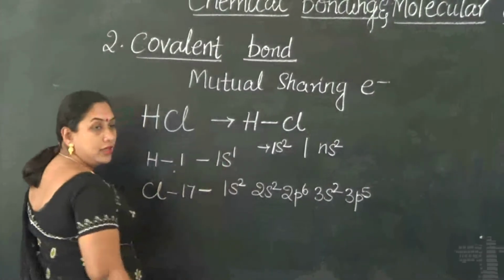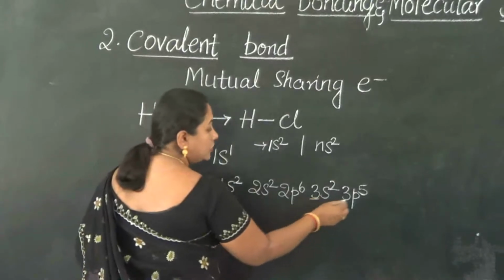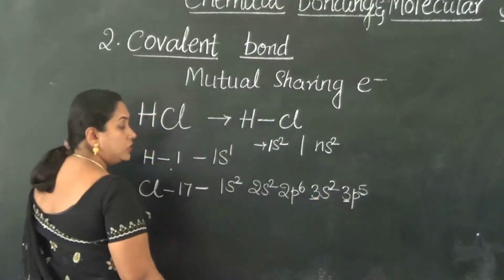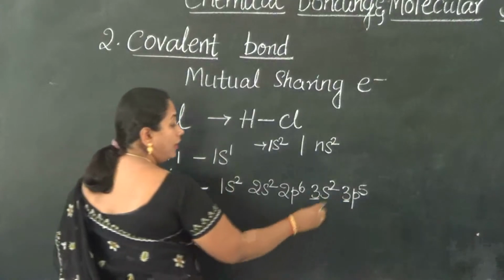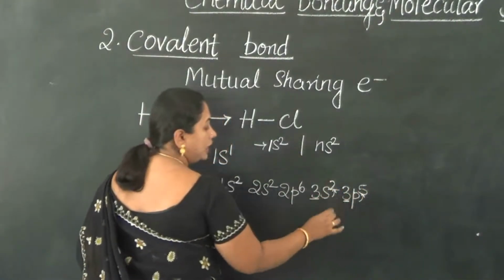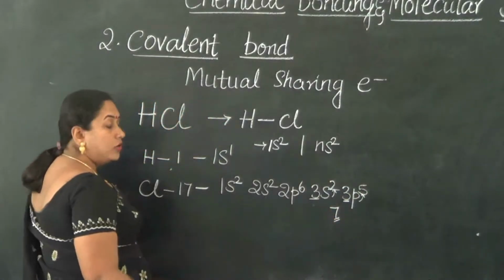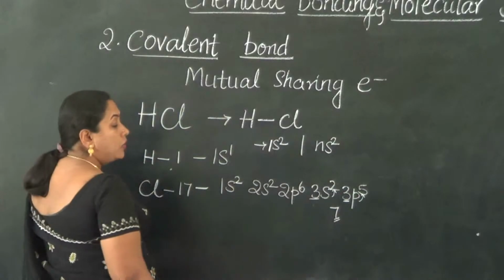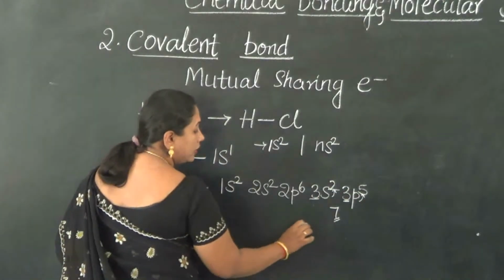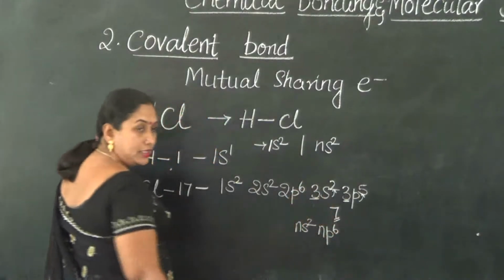Now let us look at the case of the chlorine atom. The third shell is its valence shell, or the outermost shell, and in that it contains 5 plus 2, that means 7 electrons. So this is again running short of 1 electron to achieve the stable octet configuration as ns2, np6.